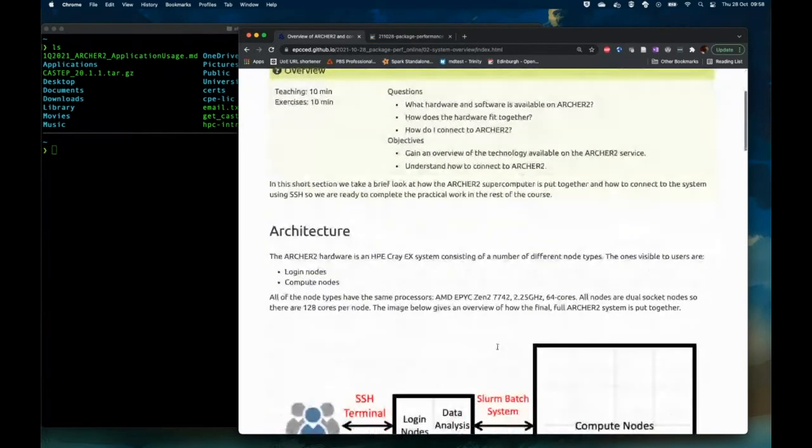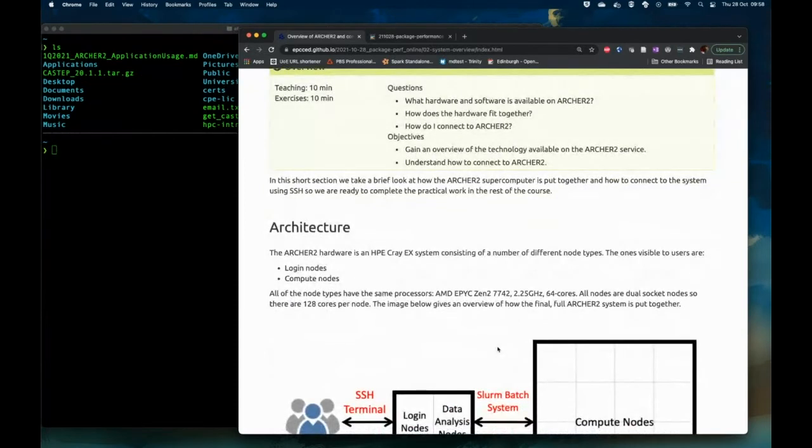So the Archer 2 hardware. Archer 2 itself is the service, right? And that includes all the people who work on it and all the components of it, such as this training, the service desk, an outreach component, the HPC system administrators, all sorts of people as well.